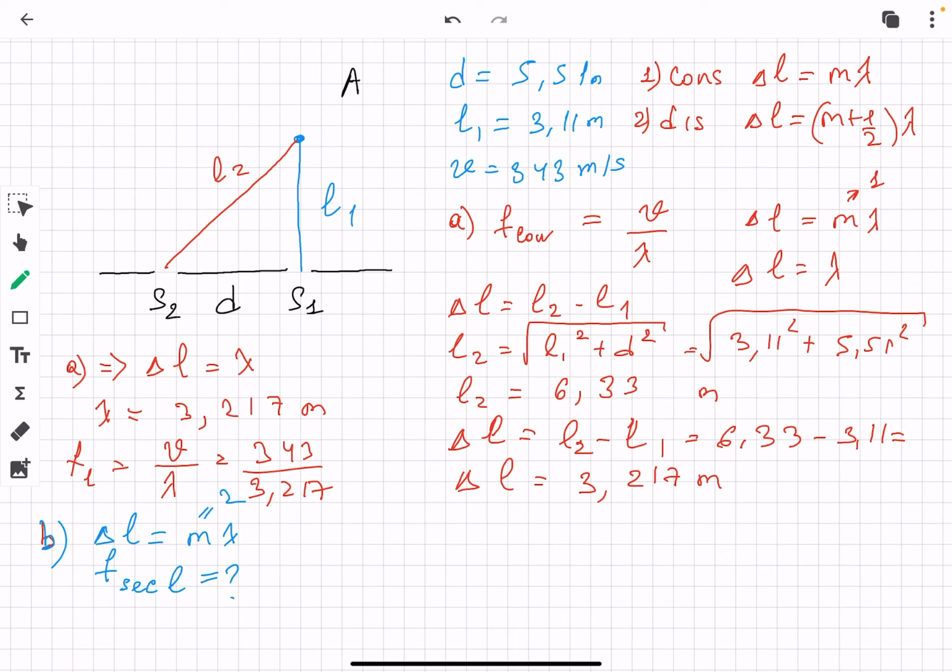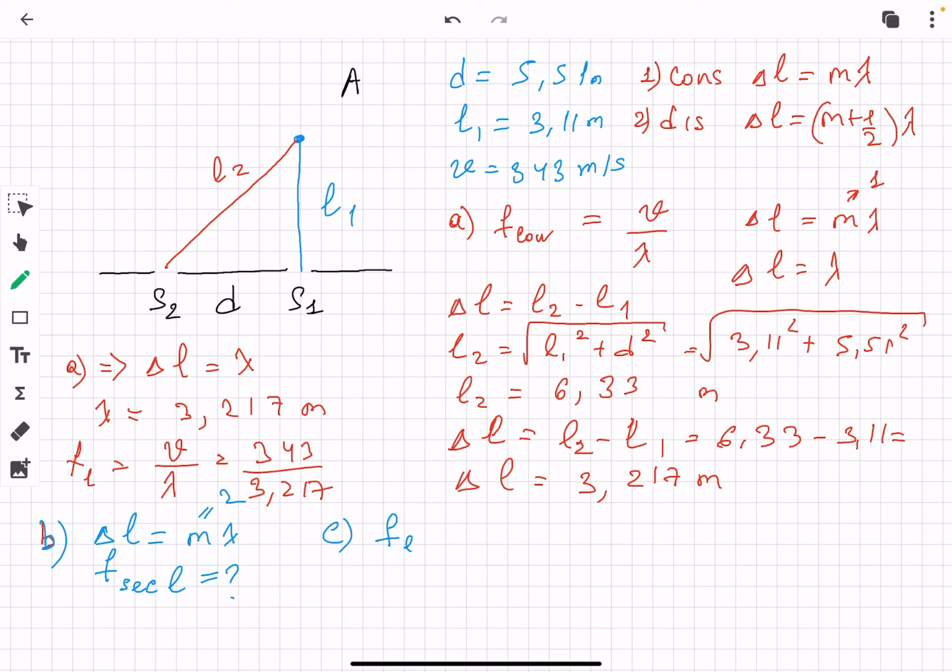Now part C. We have to find the lowest frequency for which there is a minimum signal due to destructive interference.